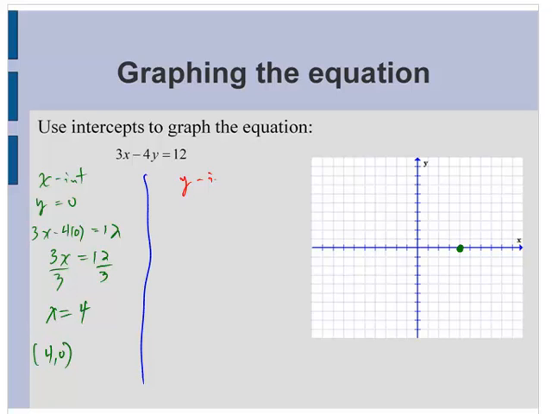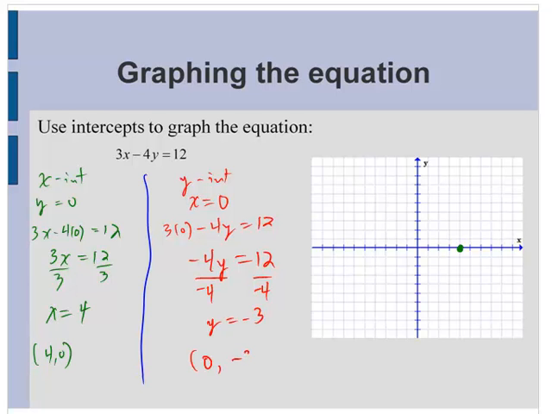To find the y-intercept, let x equal 0. So we'd have 3 times 0 minus 4y is 12. 3 times 0 is 0. 0 subtract 4y is negative 4y. So negative 4y equals 12, and dividing by negative 4, y is negative 3.